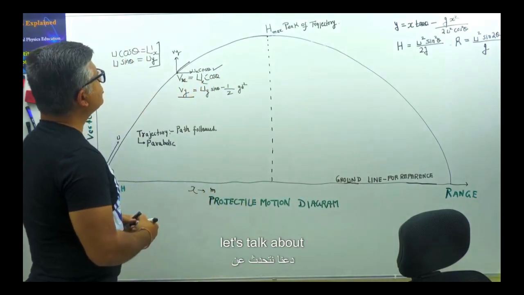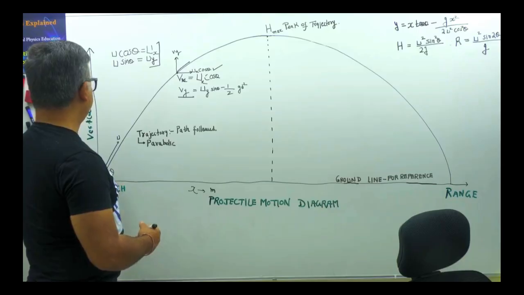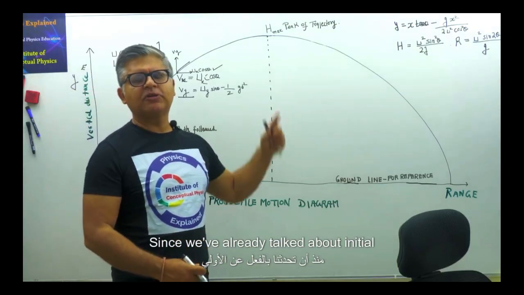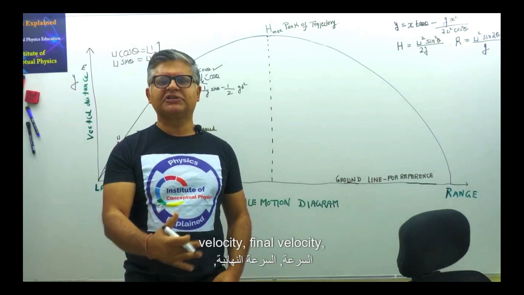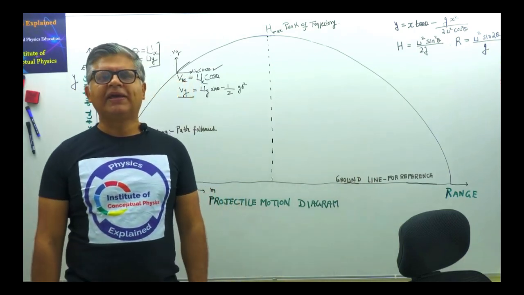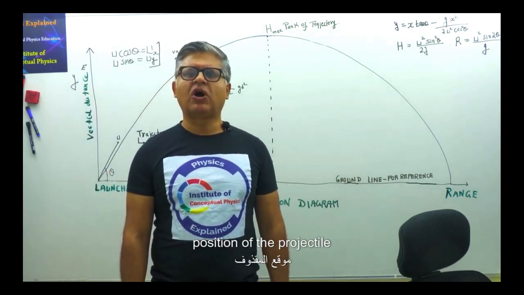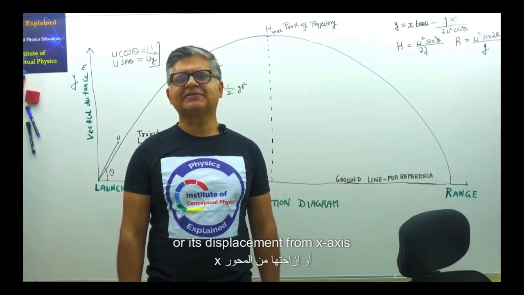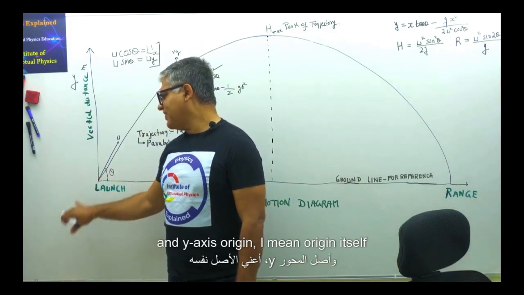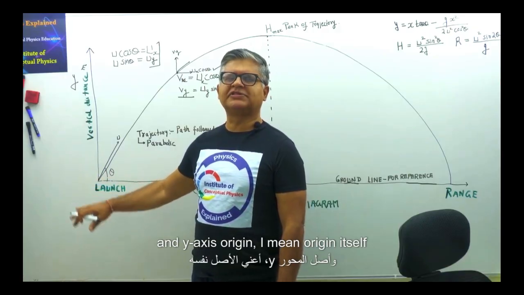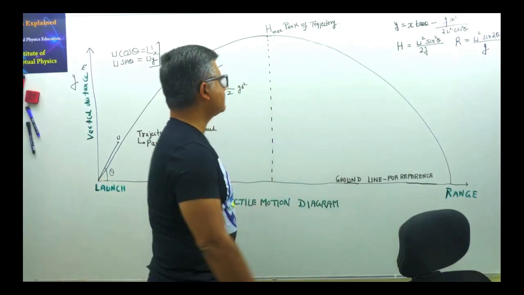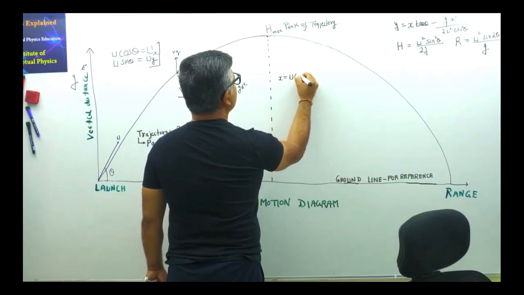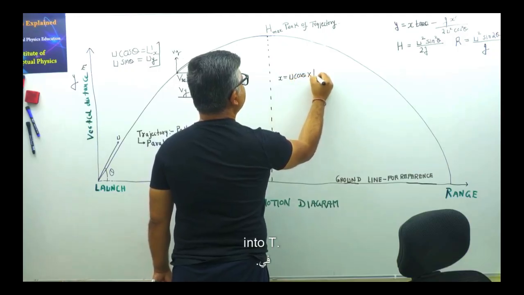Now, let's talk about the displacement after time t. Since we've already talked about initial velocity and final velocity, obviously we need to talk about the position of the projectile or its displacement from the x-axis origin and y-axis origin in time t. So x is equal to u cos theta into t.